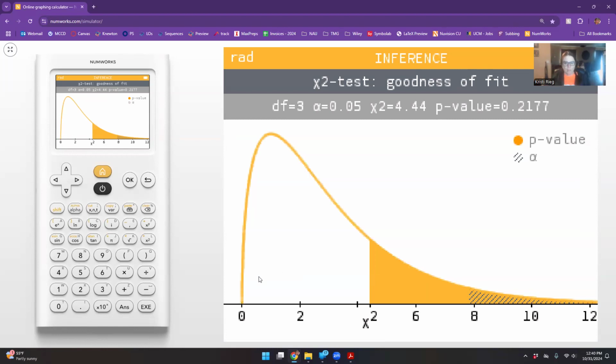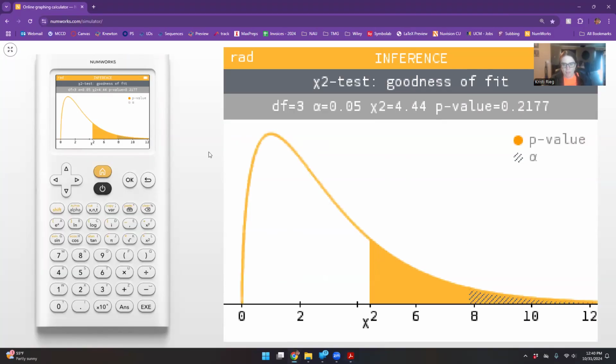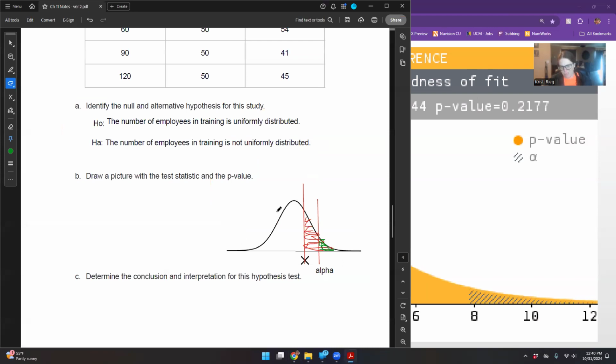Now, one thing I want to point out, this is, as per usual, a much better drawing. See how it's skewed? That is exactly what a goodness of fit looks like, with the tail over here to the right, skewed to the right. We have all seen that my computer drawing skills are not perfectly perfect, but this is what I'm hoping you still understand from what I can draw on.